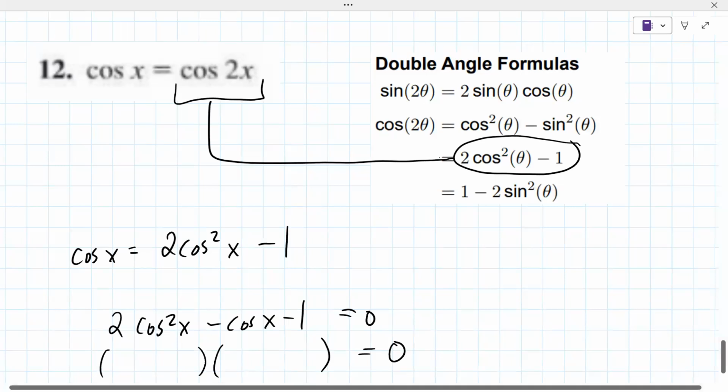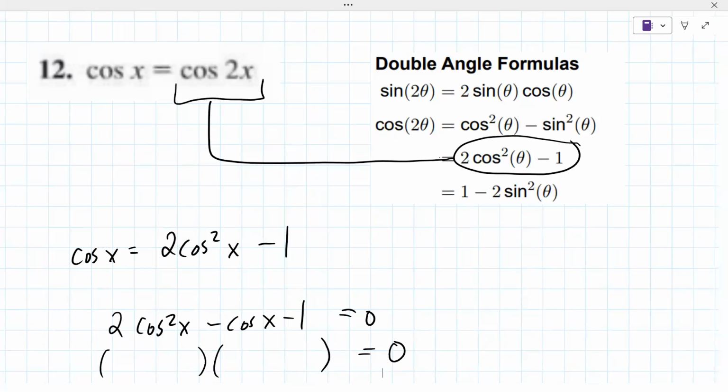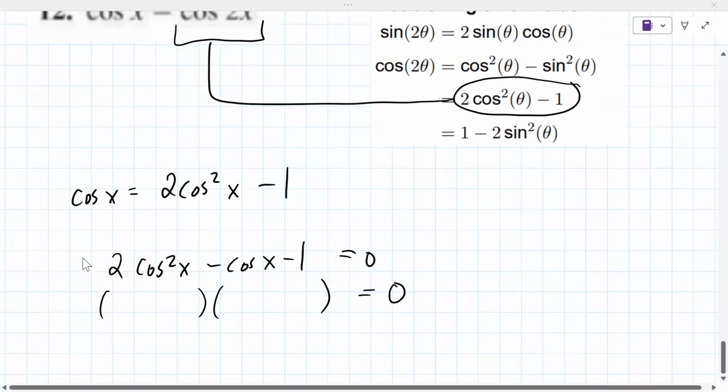Could you attempt to factor that for us, please? So it needs to multiply to -1, but also add to -1.